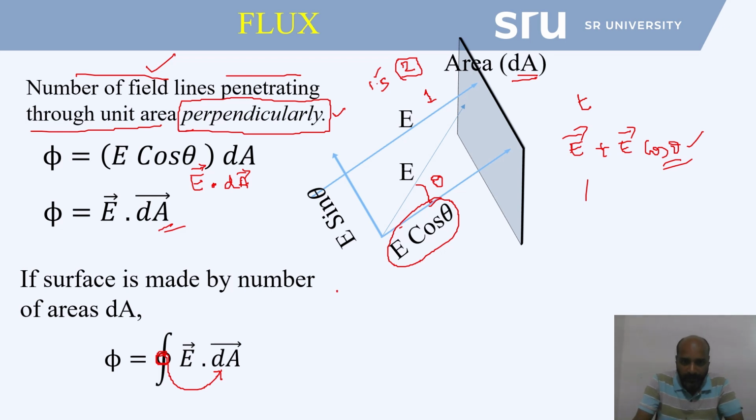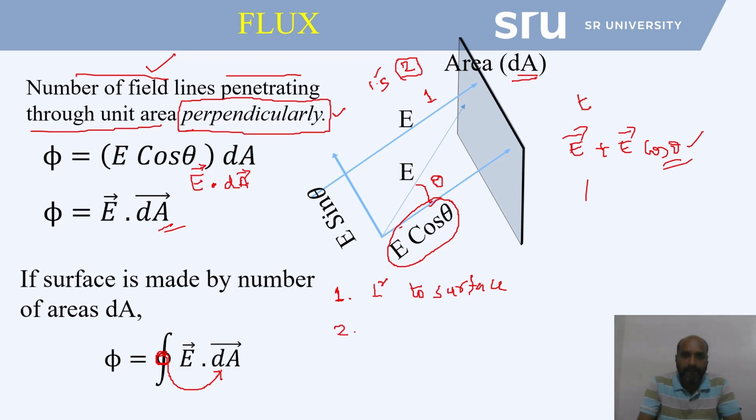One way seems to be a little bit confusing, but if it is clear, it will be very easy. One way of defining is perpendicular to the surface, as it is mentioned here.